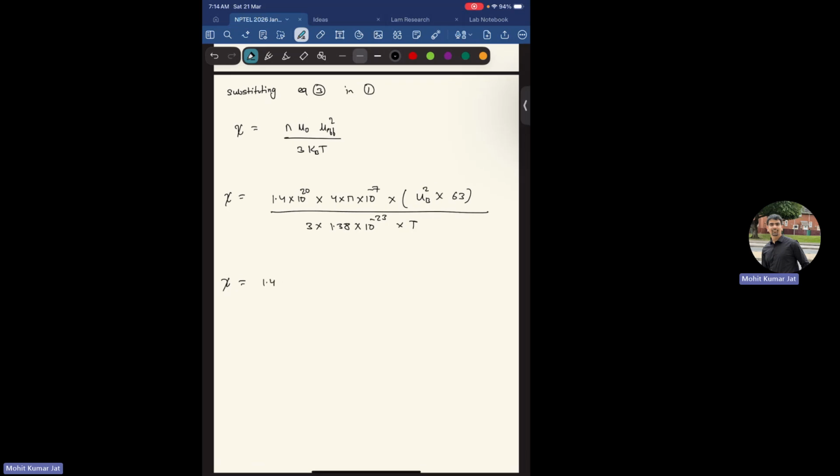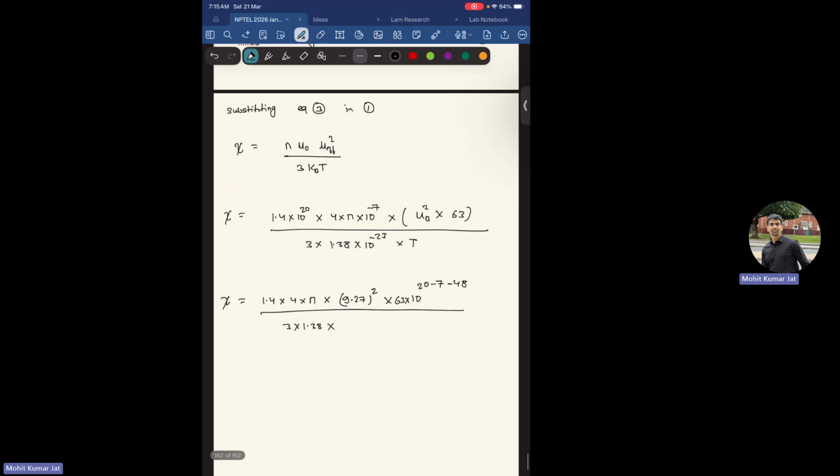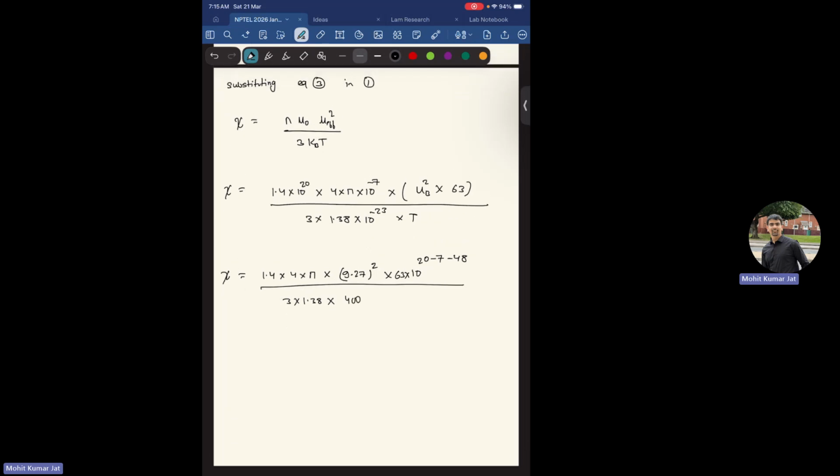So 1.4 into 4 pi into mu B square, which is 9.27 into 10 power minus 24 squared, with 10 power 20 minus 7, times 63, divided by 3 into 1.38 into temperature, which is 400 Kelvin, times 10 power minus 23.